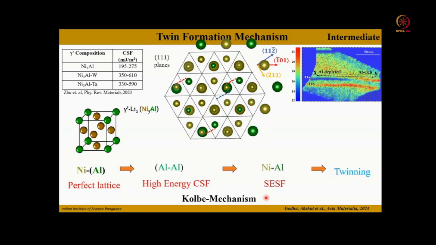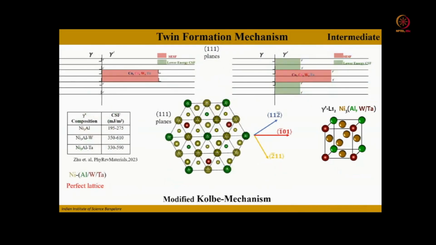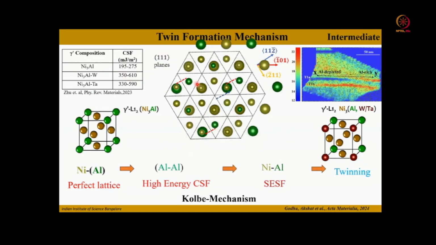Now coming to our multi-component alloy, as I told you, ideally these are multi-component, and aluminum sites are not occupied only by aluminum; tungsten and tantalum can also occupy these aluminum positions. Due to this multi-component nature, what we propose is, if you remember, previously I also talked about the CSF energies.